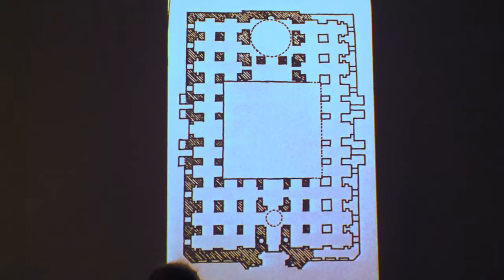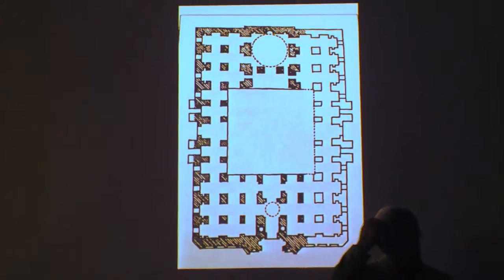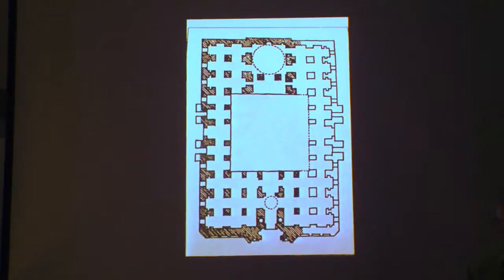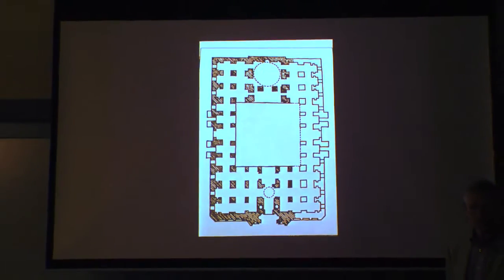So, your name again is? Zainab. Okay, Zainab, so what sort of plan is this? This is a plan of the building. How would you describe it? What are the main features?